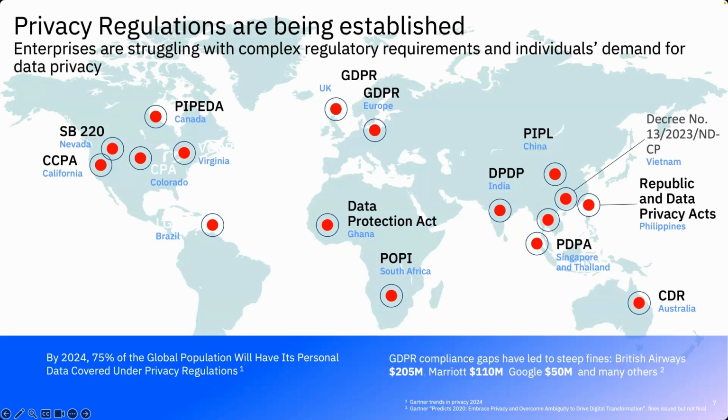So you can expect how much focus there is on data privacy by the regulatory bodies. And there are steep fines and monetary losses if those compliance requirements are not taken care of. That's what we are going to see in the next slide.